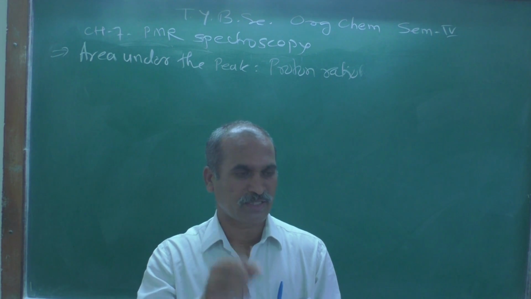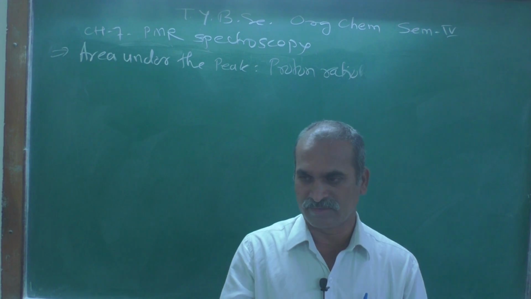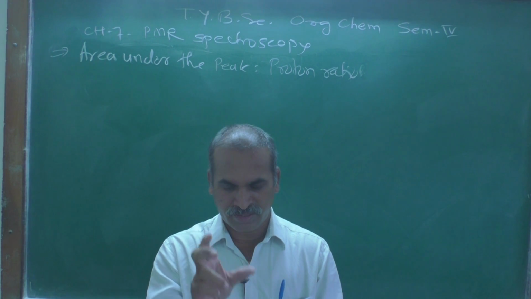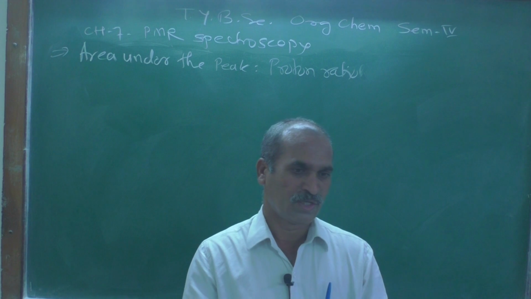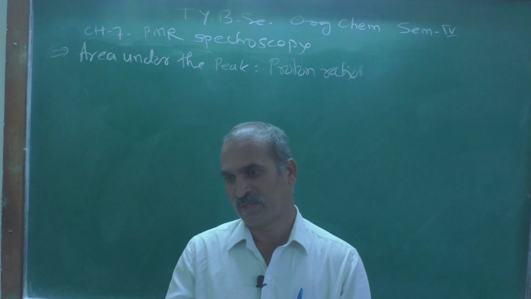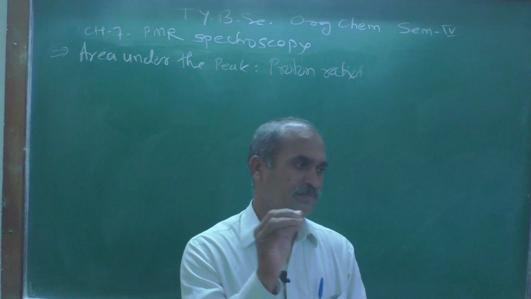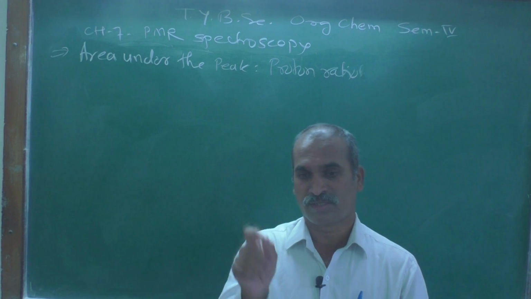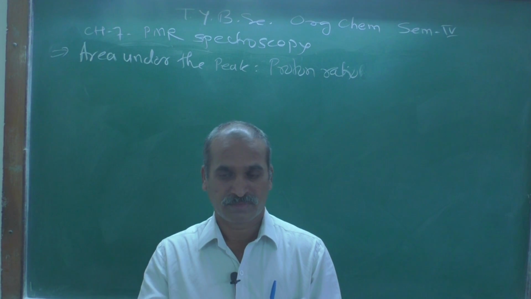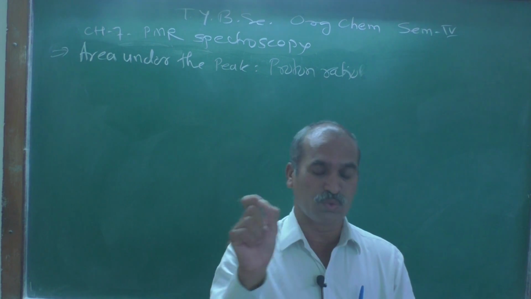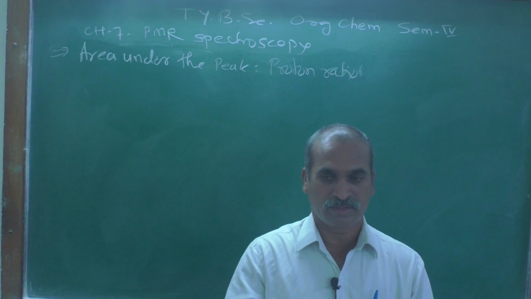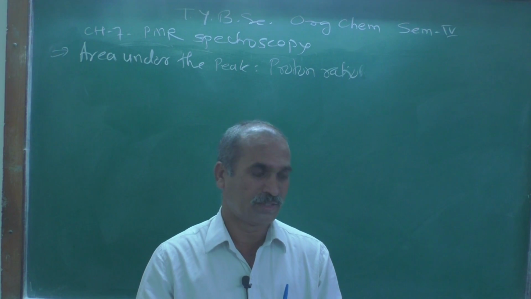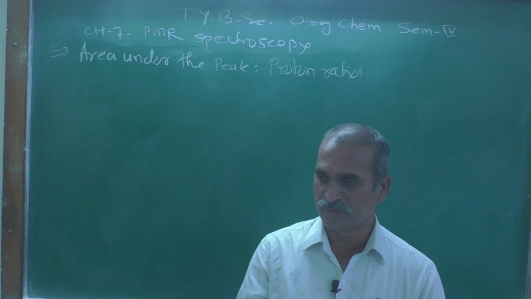After getting the spectrum, the chemist has to analyze it. He has to interpret the spectrum more accurately, because the instrument gives the spectra, but the expert analyst can analyze: this peak is due to this proton, how many protons are there, and what do you mean by the proton ratio.